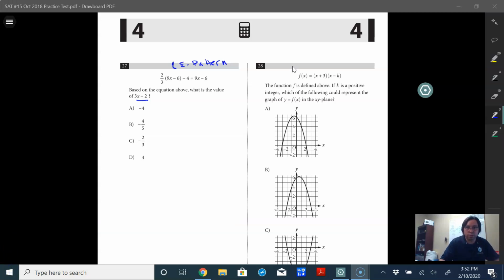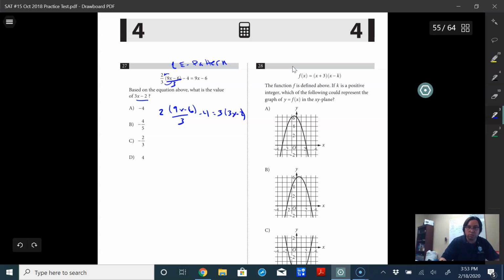And so what we can do is distribute the 3 and divide by 3. So we can rewrite this expression as 2 times 9x minus 6 divided by 3 minus 4 equals, and we can pull out a 3 out of here, so that's going to give us 3 times 3x minus 2.